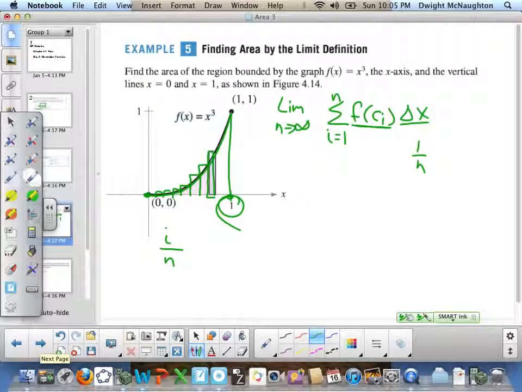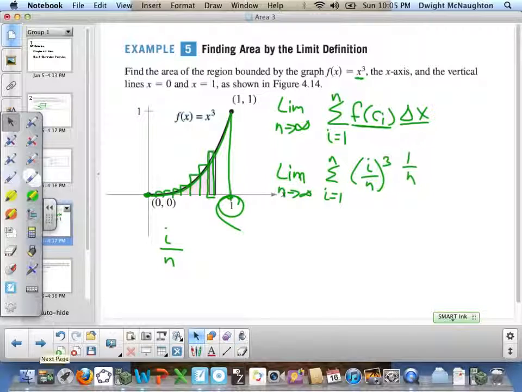So we're going to stick i over n into our function here. So we're going to have the limit as n approaches infinity of the sum from i equals 1 to n of (i over n) cubed times 1 over n.